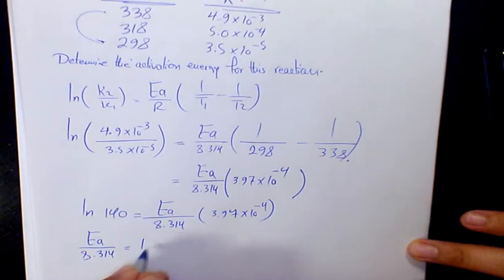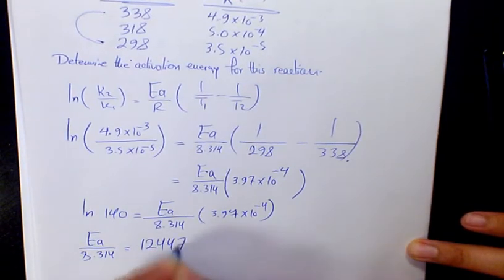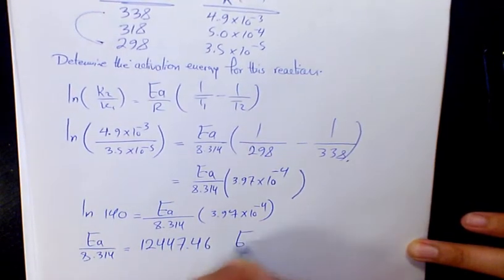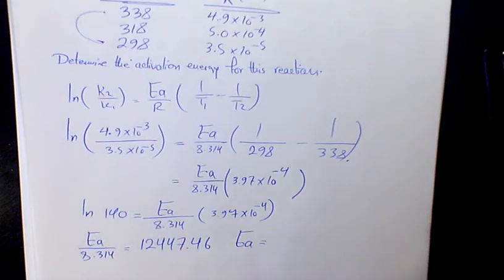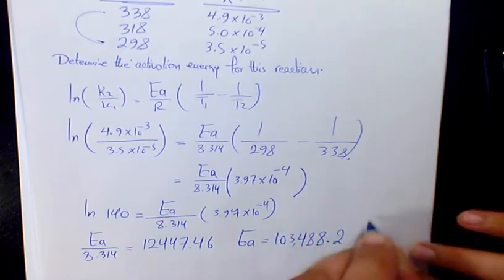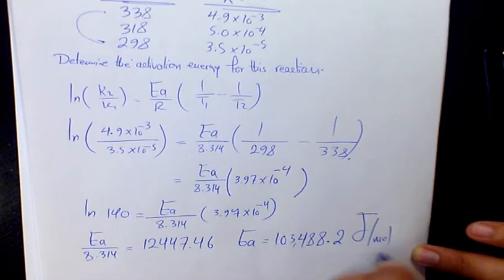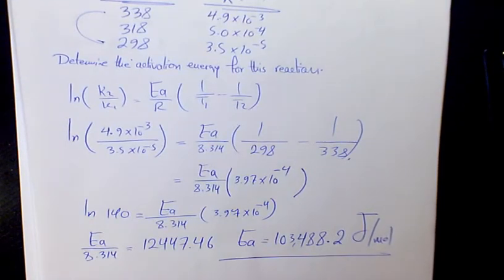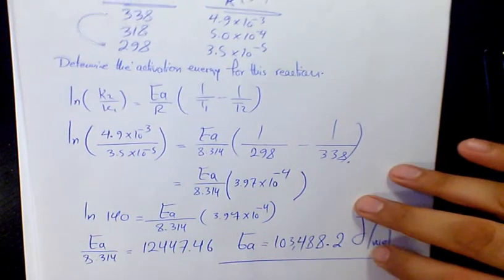That's going to be 12,447.46. EA will be the multiplication of these two numbers. It's going to be 103,488.2 joule per mole. That's the activation energy.